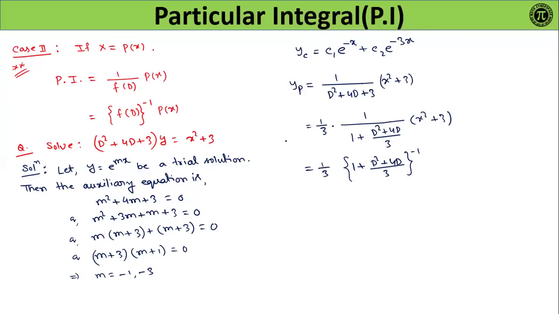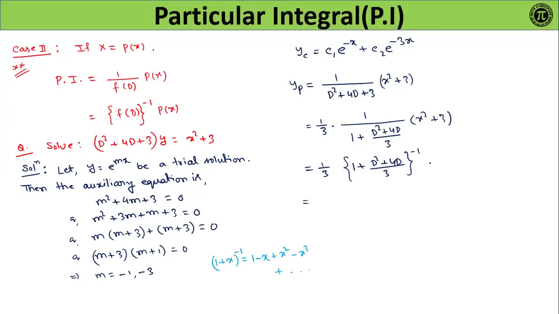We know that you have a formula that 1 plus x inverse equals 1 minus x plus x square minus x cube plus dot dot dot. You have this formula. So here this one is of the form 1 plus x inverse, yes. So let's use this formula.